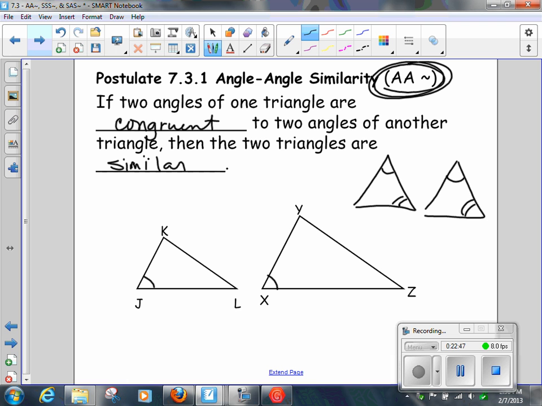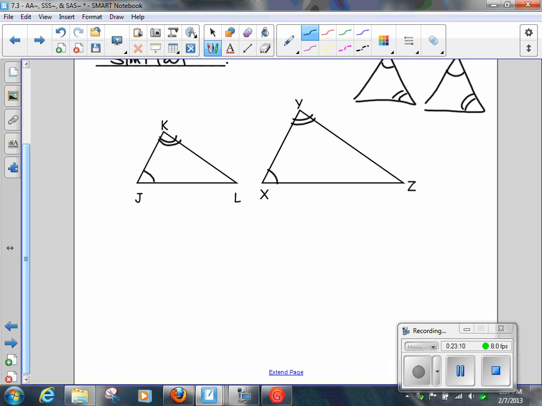If angle J is congruent to angle X and angle K is congruent to its corresponding angle, Y, then according to this postulate, those 2 triangles are going to be similar to one another. So if I were to see these 2 triangles marked up like this, I would be able to write a similarity statement that says triangle JKL is similar to triangle XYZ.